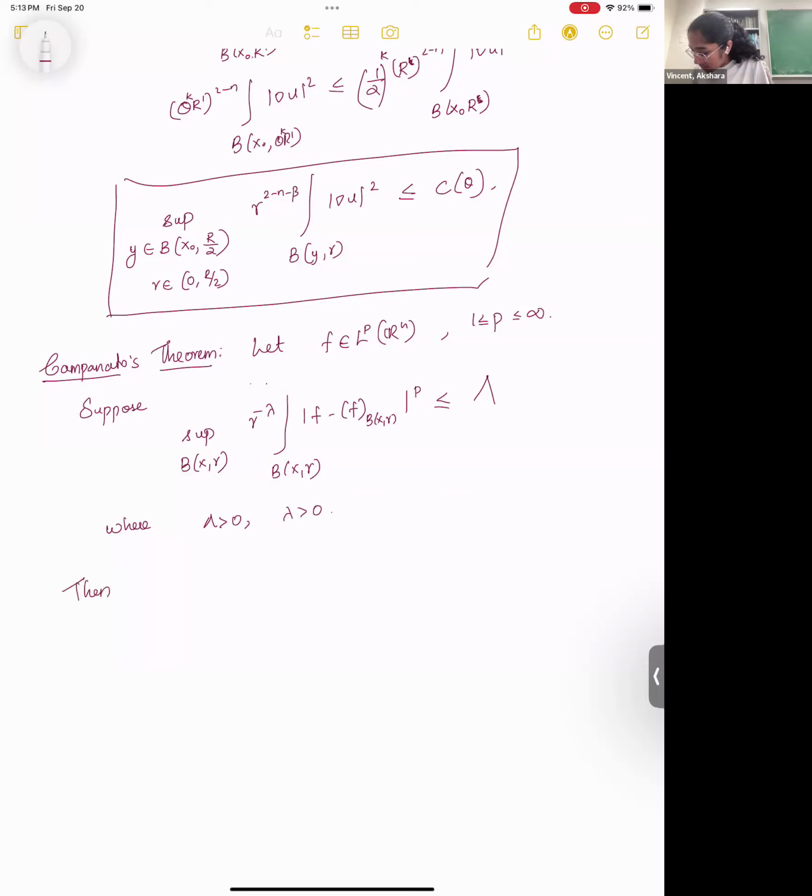Then the function f is locally Holder continuous.